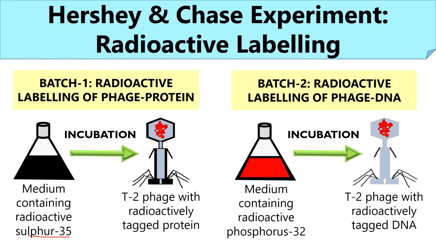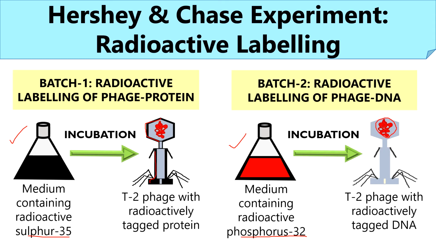In batch 2, T2 bacteriophages were grown in the medium containing radioactive isotope of phosphorus or P32. In these two figures, we could see that after the incubation, S35 tagged the protein component of the T2 bacteriophage and P32 labeled the DNA portion of the T2 bacteriophage.